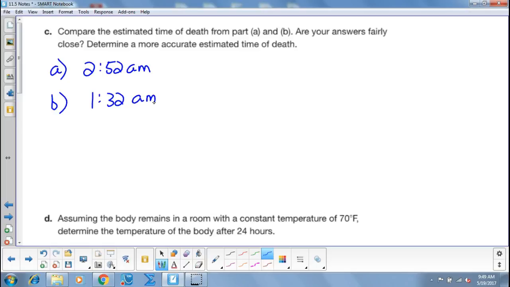Okay? Determine a more accurate time of death, so that would be an average of those two, right? So there's an 80 minute gap there, so 40 minutes in between. So our new TOD is what? 2:12?